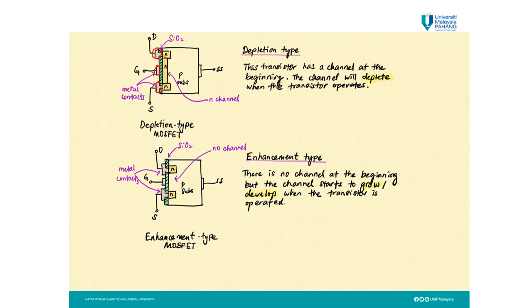So in the depletion type, the channel will deplete when the transistor operates. It means that when it is on, this channel will be reduced, or we call it deplete. Compared to the enhancement type, at the beginning there is no channel, but the channel starts to grow or develop when the transistor is operated. So it is the opposite process between the depletion type and the enhancement type.